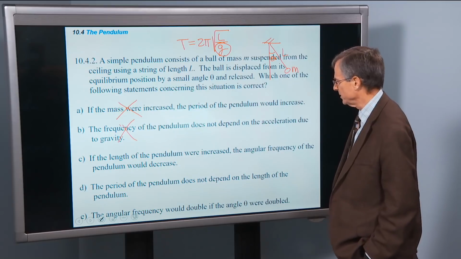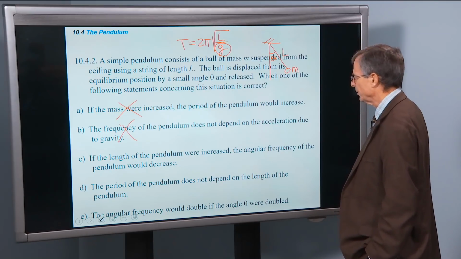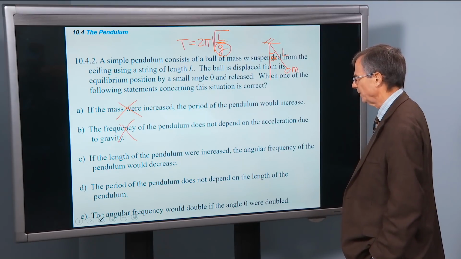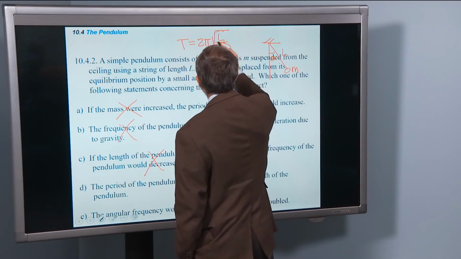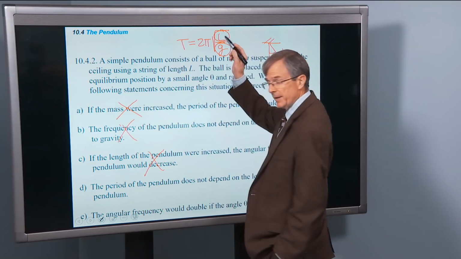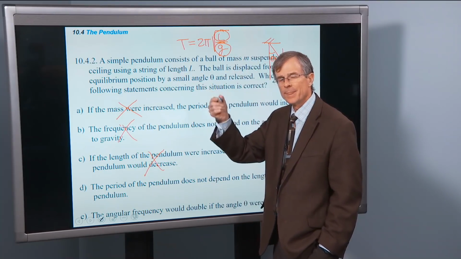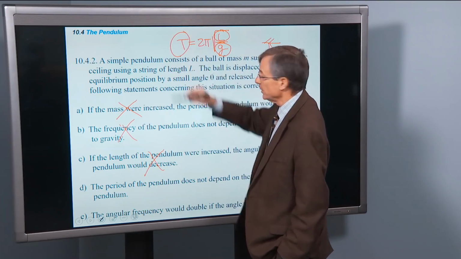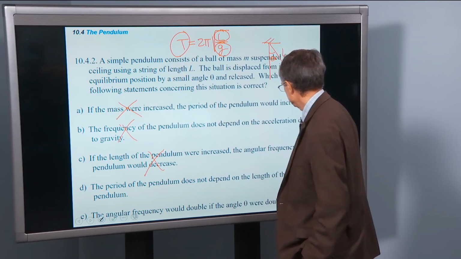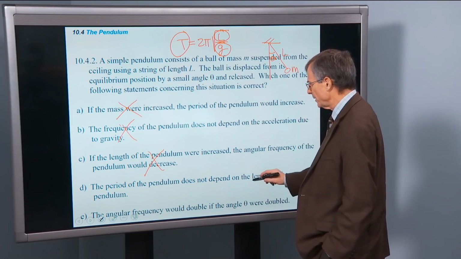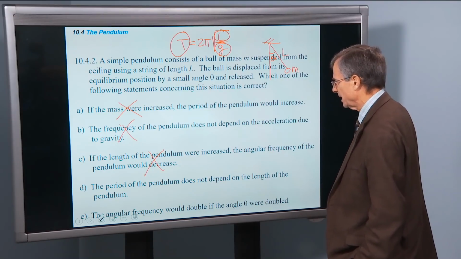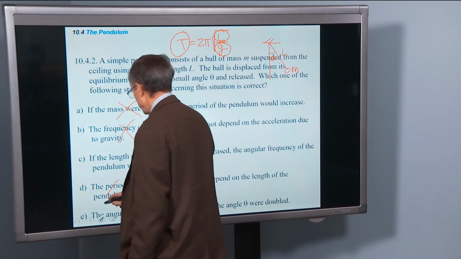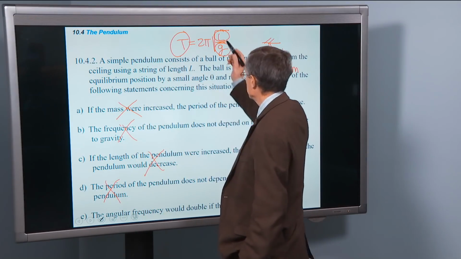If the length of the pendulum were increased, the angular frequency of the pendulum would decrease. Not true, I thought. If you increase the length, since that length is in the numerator, then you're going to increase the period, not decrease it. The period of the pendulum does not depend on the length of the pendulum. That's also not true. It does depend on the length. There's the L right there.